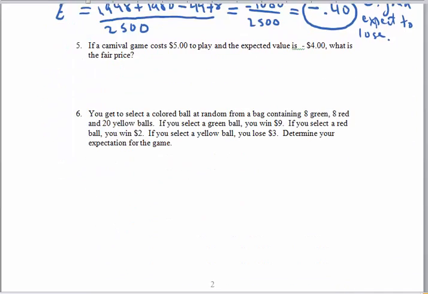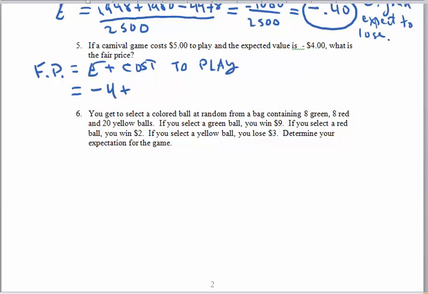And then 5 is just this idea of fair price. There was a little formula for fair price, which said that fair price was expected value plus the cost to play. So in this case, the expected value was negative 0.40.